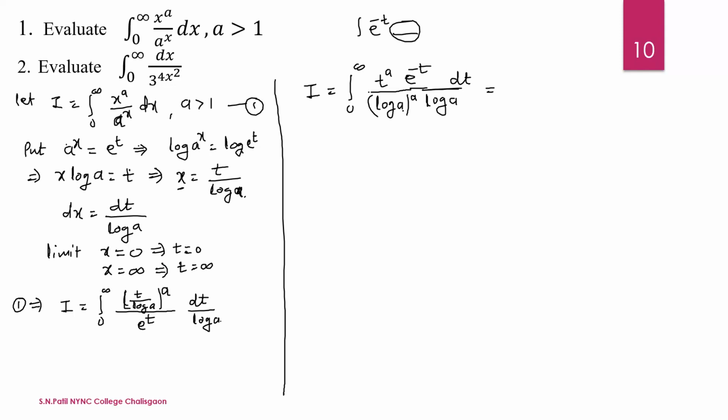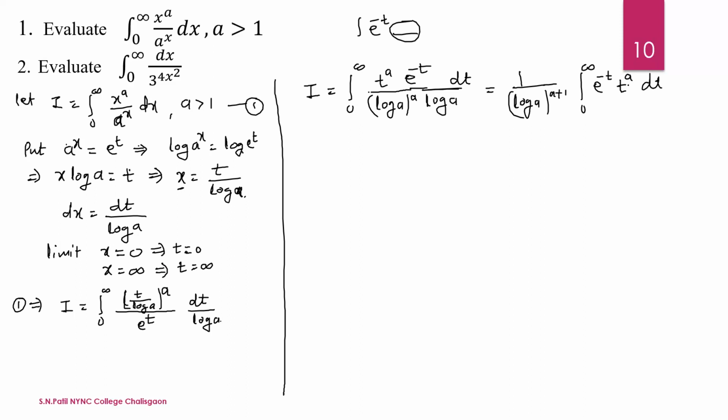Now log of a raised to a, into log a, can be written as log of a raised to a plus 1, under the integral 0 to infinity of e to the power minus t, t raised to a, dt.